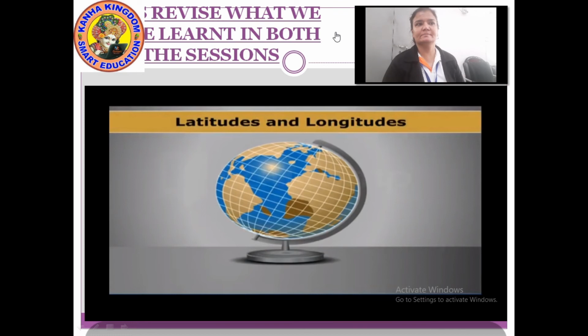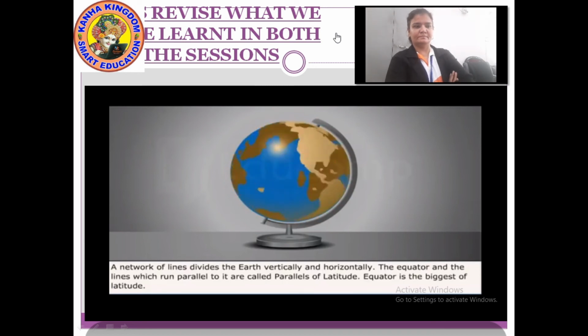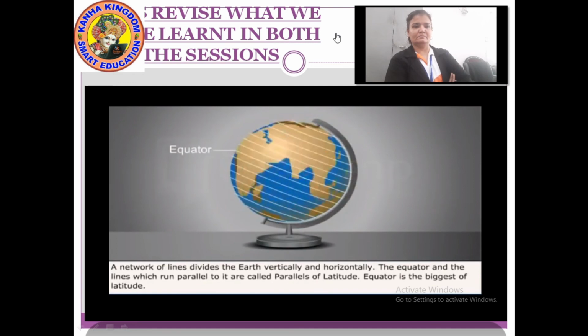Latitudes and longitudes. In this module, you learn about important parallels of latitudes and lines of longitude or meridians. We can see a network of lines which divides the Earth vertically and horizontally. The equator and the lines which run parallel to it are called parallels of latitude.